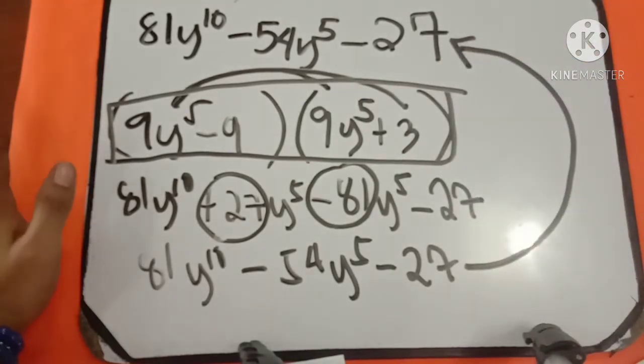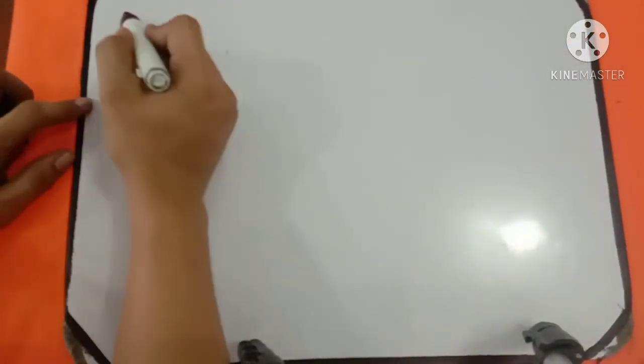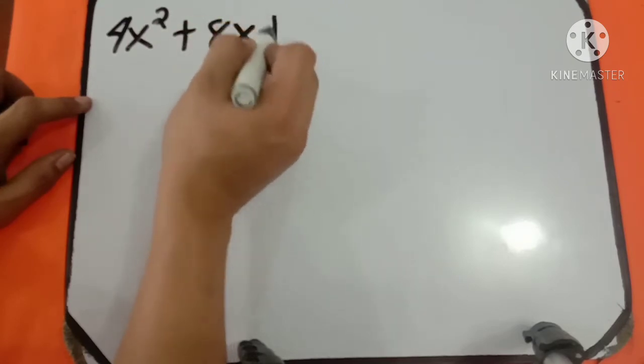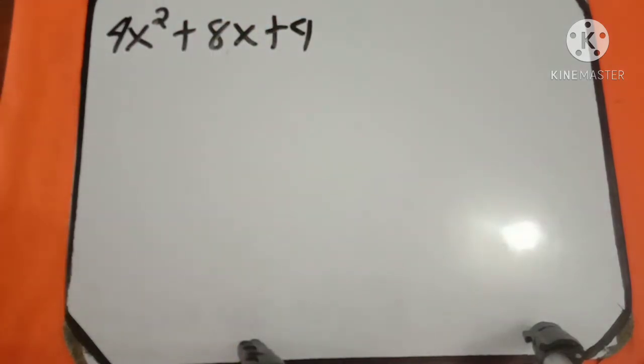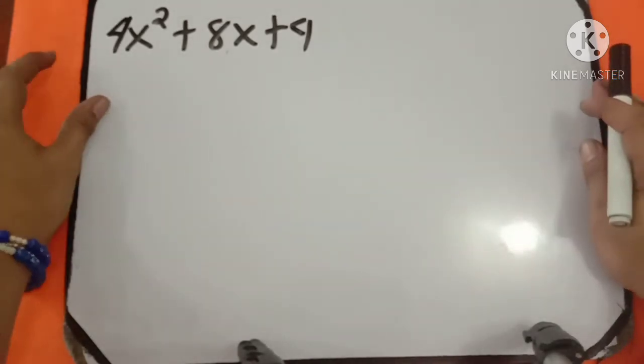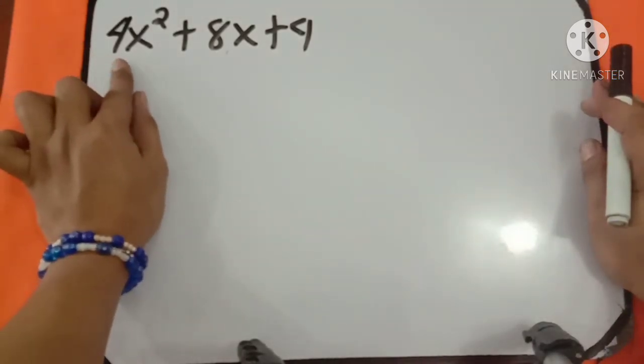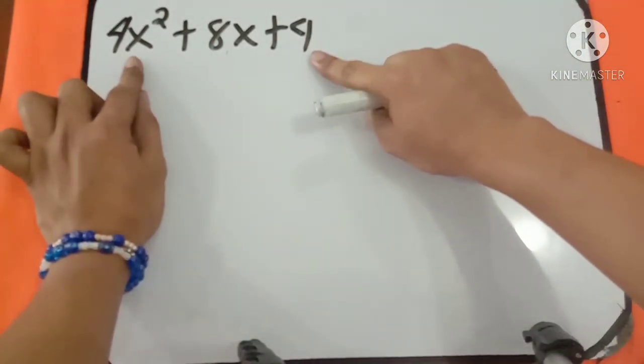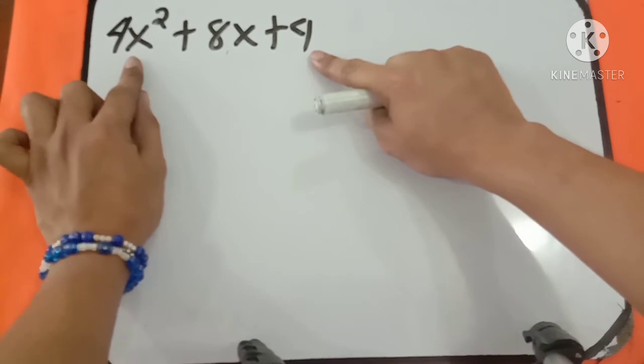given problem. Another example. Let's say we have 4x squared plus 8x plus 4. So now, observe the given trinomial. The first term is a perfect square number and also the constant or the last term is a perfect square number.